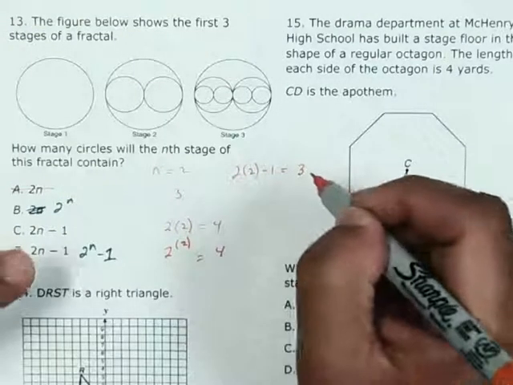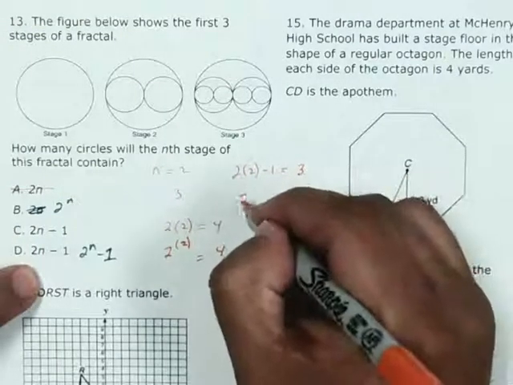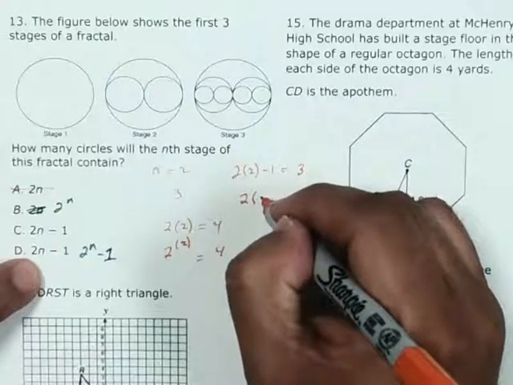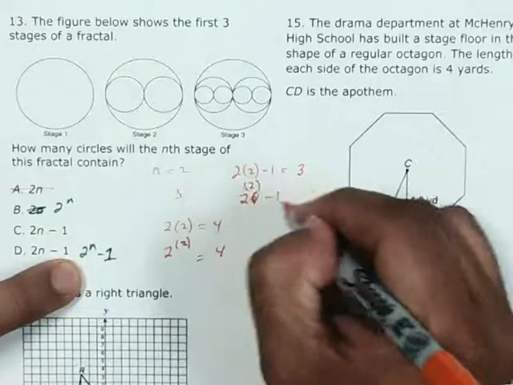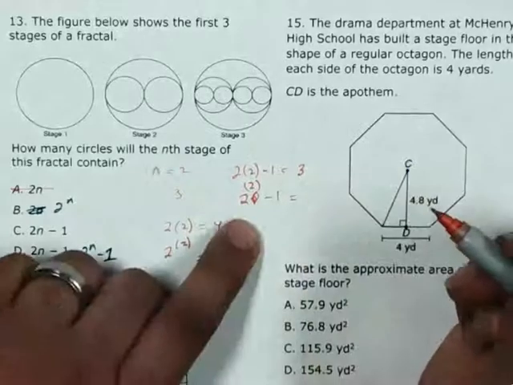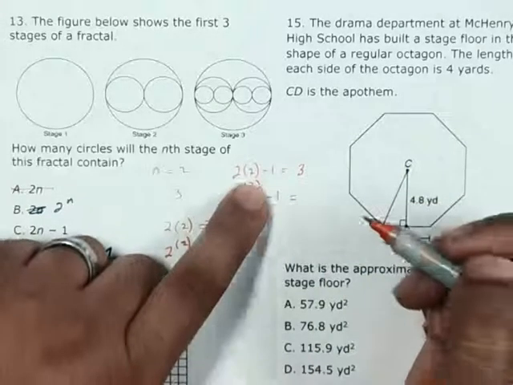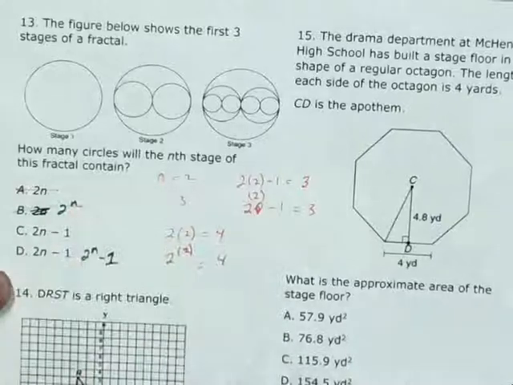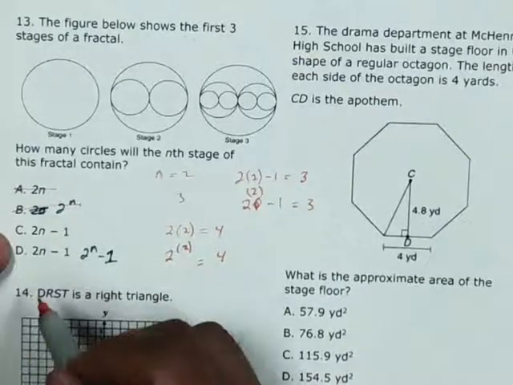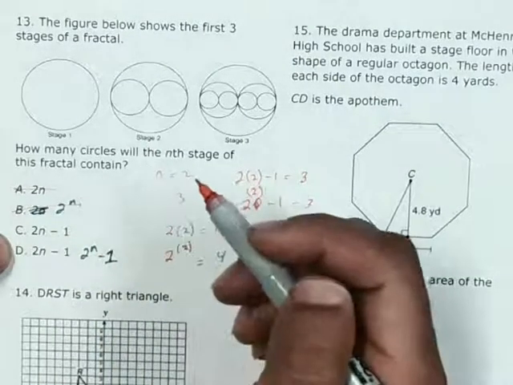So that one works. Then let's try this one just to be sure that this doesn't work either. 2 squared is going to be 4 minus 1 is also 3. So I was able to eliminate A and B. C and D both work for stage 2.